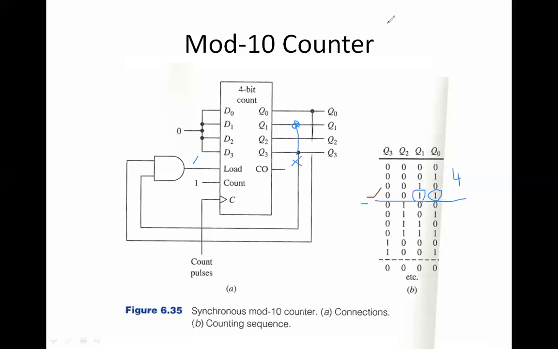This is a standard IC, so they have manufactured it in such a way that count is separate and load is separate, just to null out confusions. Can I proceed?